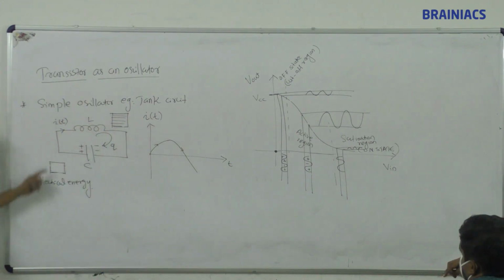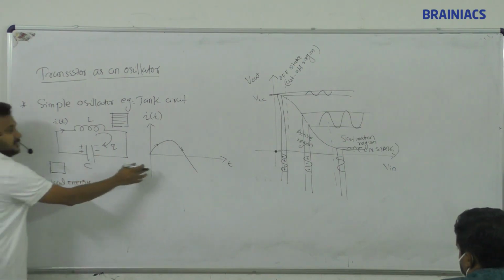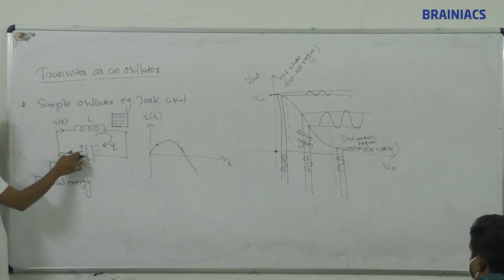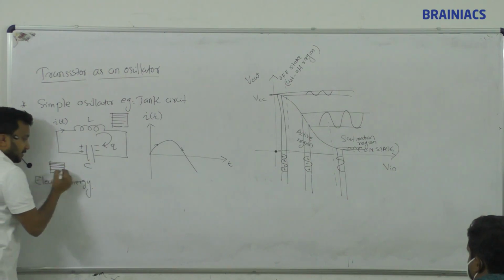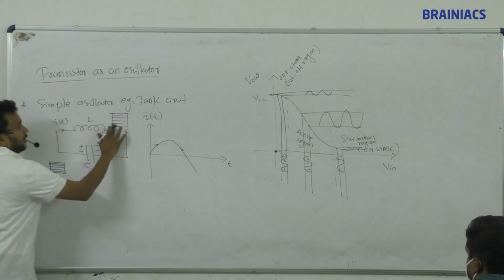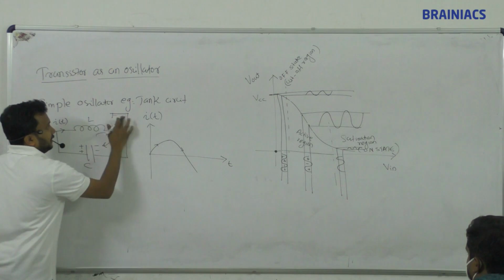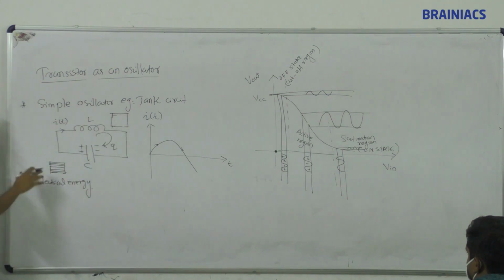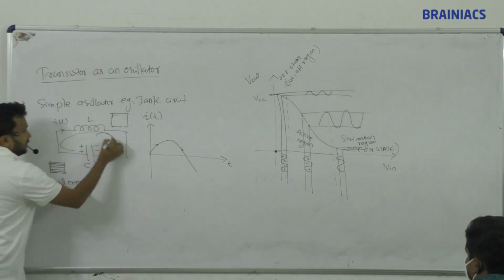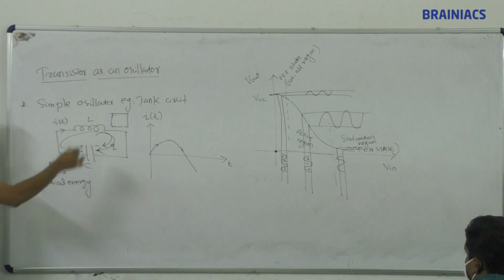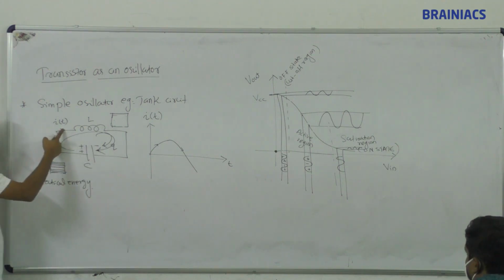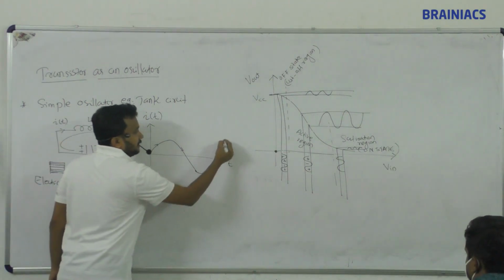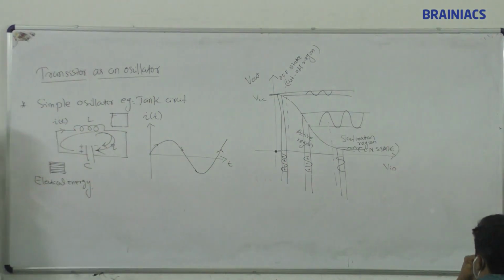When the current reduces to the minimum value, the capacitor is full of energy, and the inductor is empty. Then the capacitor will again start to deliver the charges, and the current again increases.